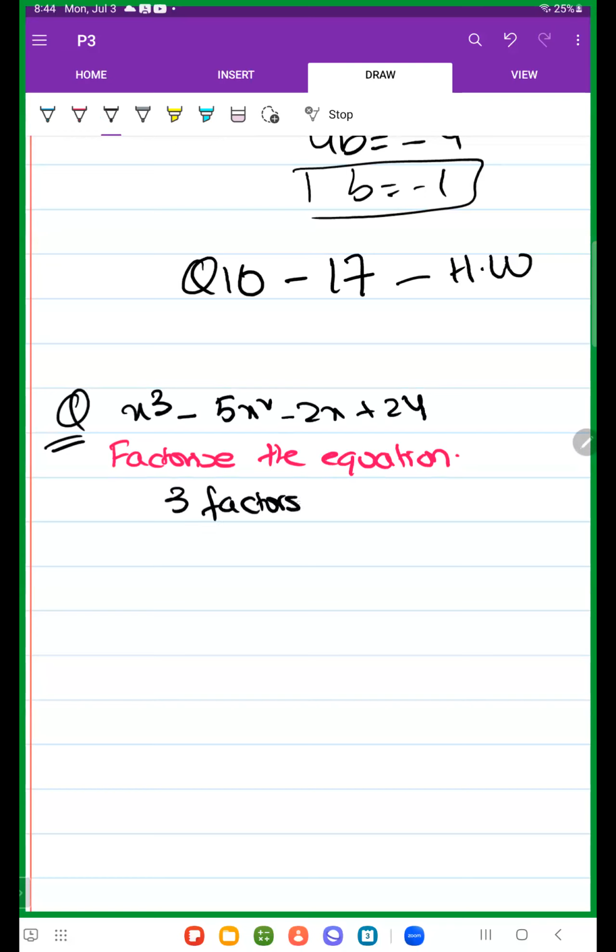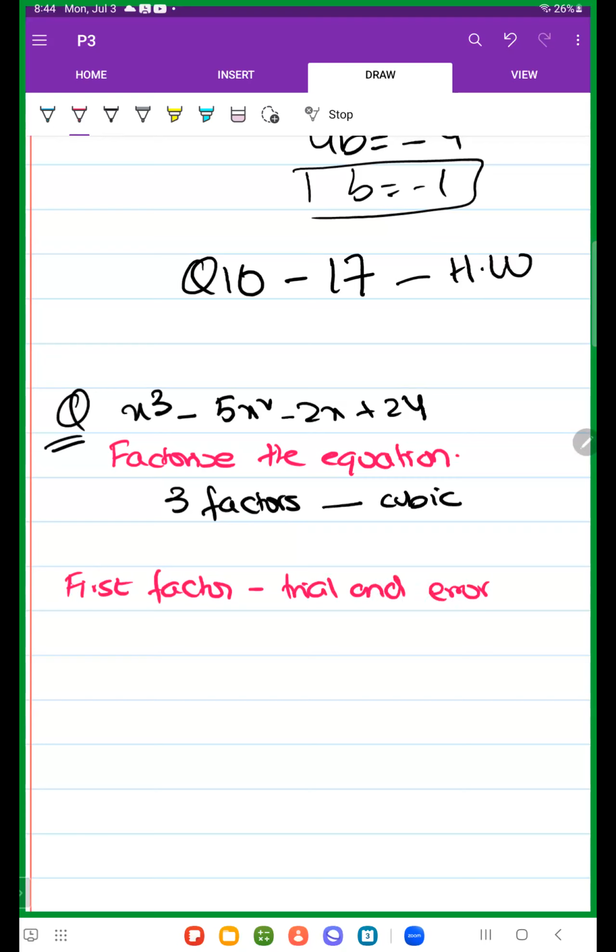Yes, because it's a cubic equation. To be able to divide it, you need at least one factor, yes? So how will we find out this one factor? You will find out the first factor through the trial and error method.